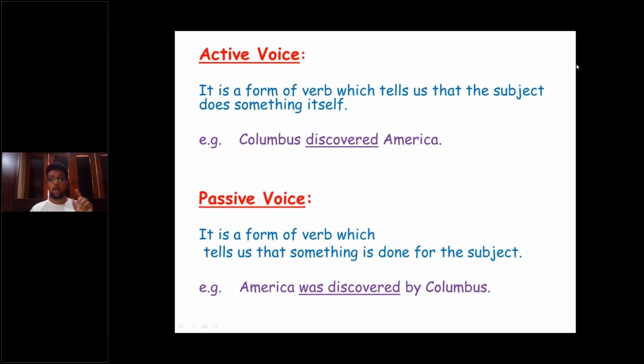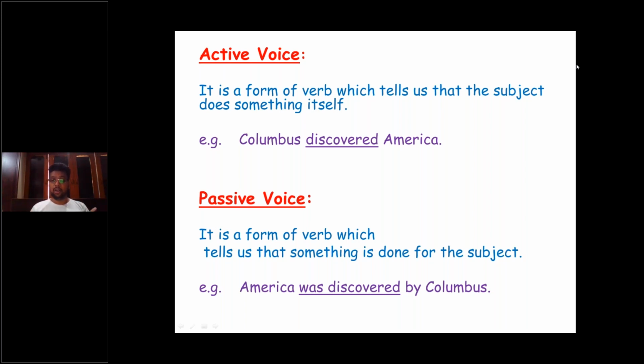For example, Columbus discovered America. Here, focus is laid upon the subject, and the subject is Columbus. So the entire focus is laid upon Columbus. So in active voice, the focus is laid upon the subject.